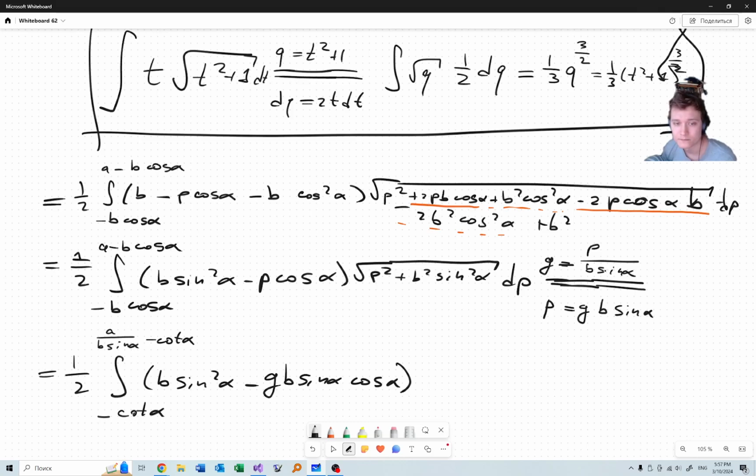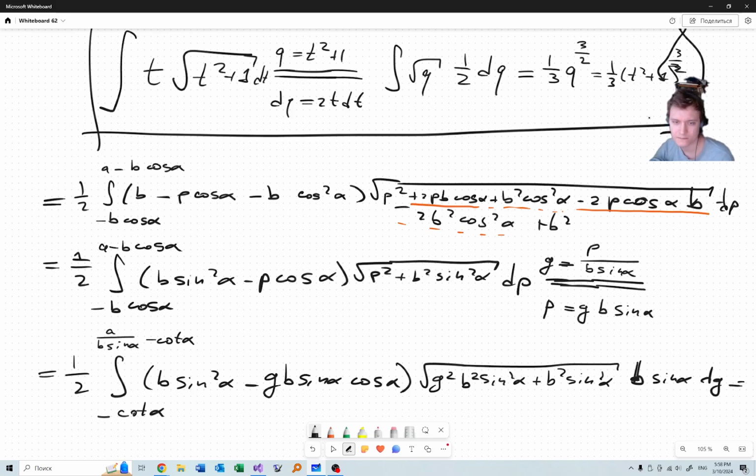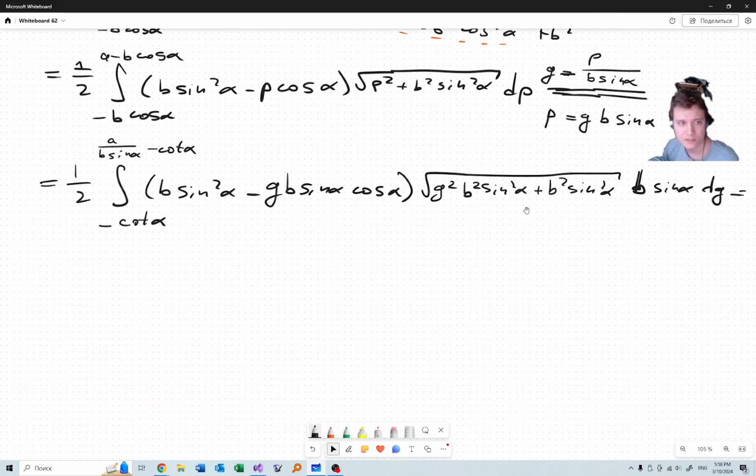Then we have a square root of what? Of g squared b squared sine squared alpha plus b squared sine squared alpha, b sine alpha dg. Good.